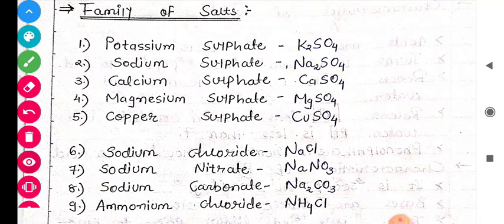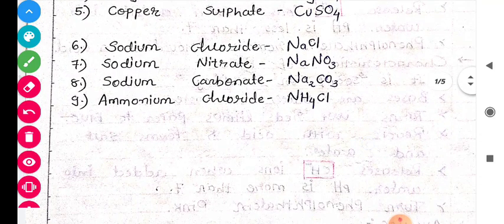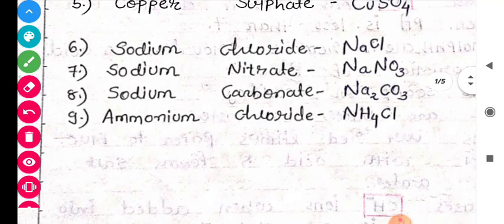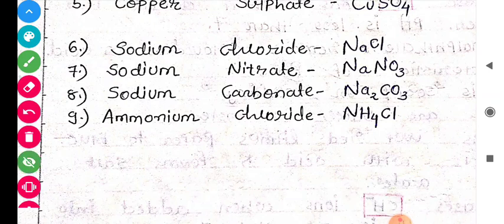the sulphate salt family. Then the other 4 types of salt are sodium chloride, sodium nitrate, sodium carbonate and ammonium chloride. Among them, 2 salts are categorized as chloride salts, sodium chloride and ammonium chloride, because as part of their chemical constituent they contain the Cl minus ion.